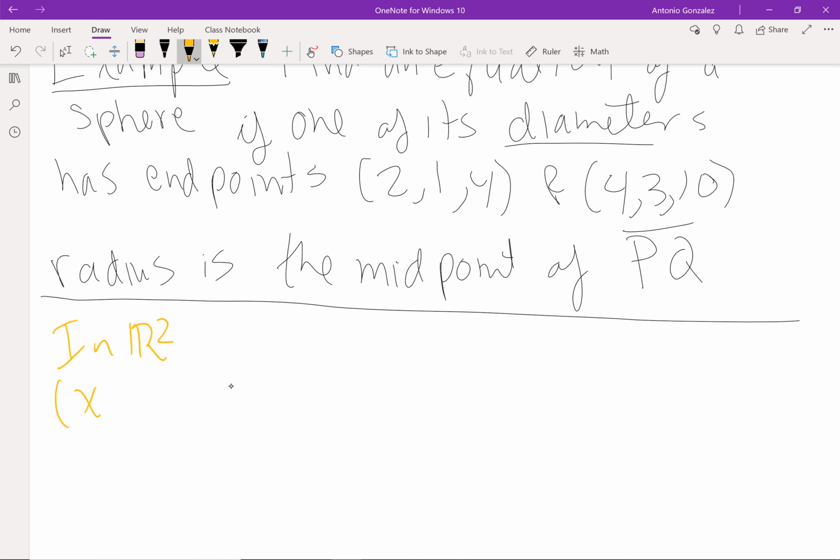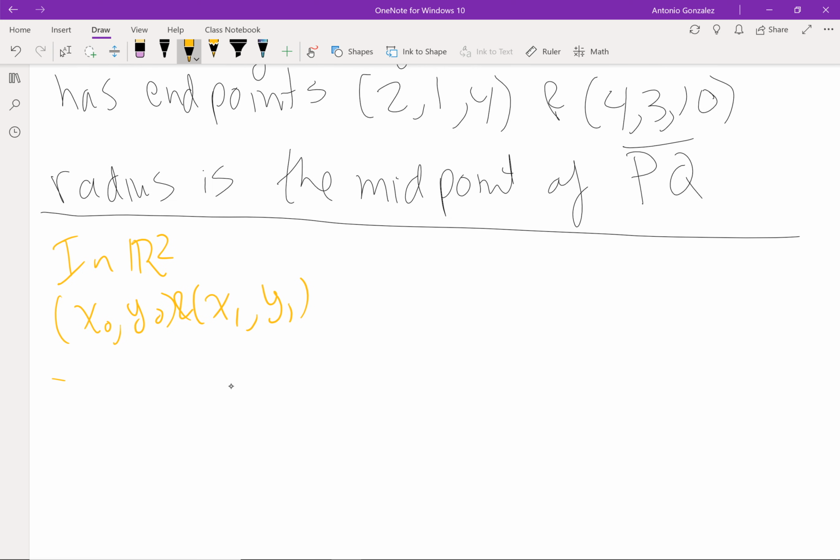If we have two points, the midpoint is this formula right here.